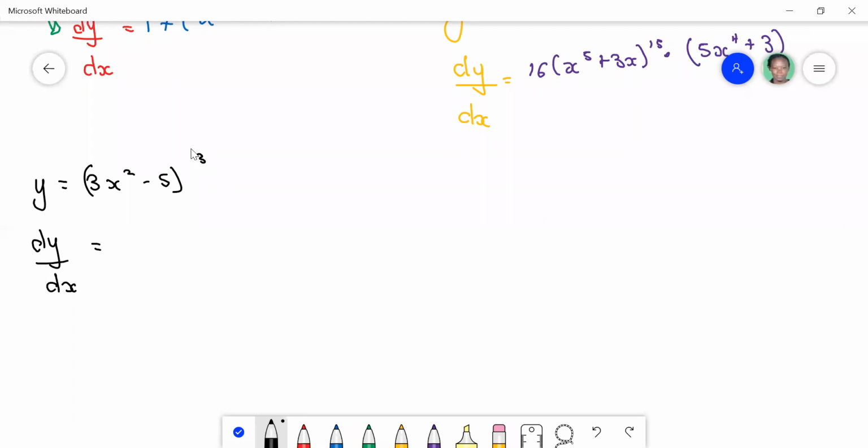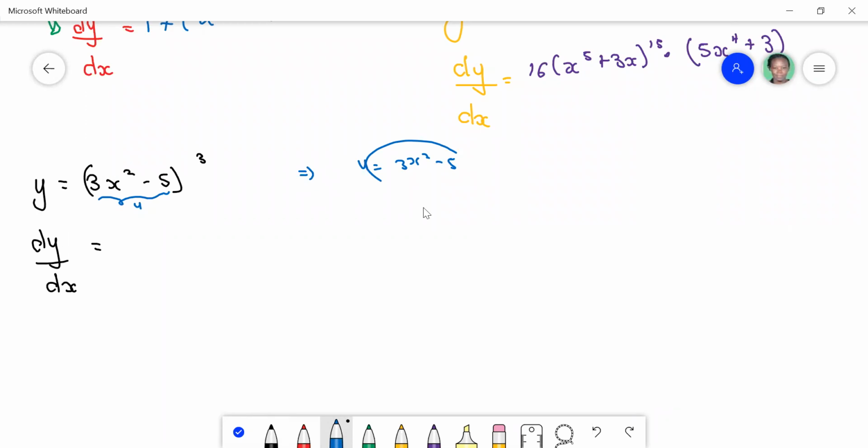It says differentiate the whole of this with respect to x. So we differentiate this whole thing and treat it as a variable. It's just like saying that u is equal to 3x squared minus 5.